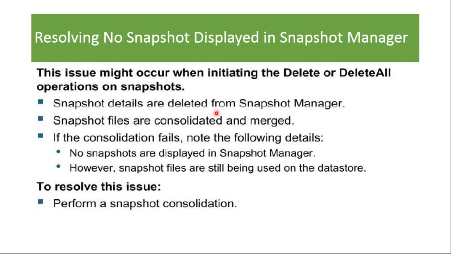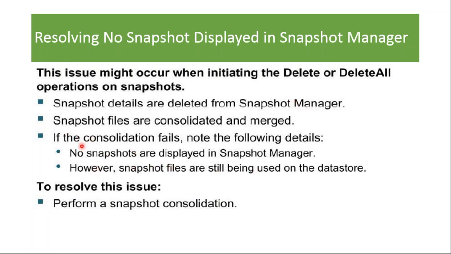Snapshot details are deleted from Snapshot Manager. This is one of the reasons. Snapshot files are consolidated and merged. So when you merge the snapshot files, you can't see the earlier snapshot file. If the consolidation fails, note the following details.